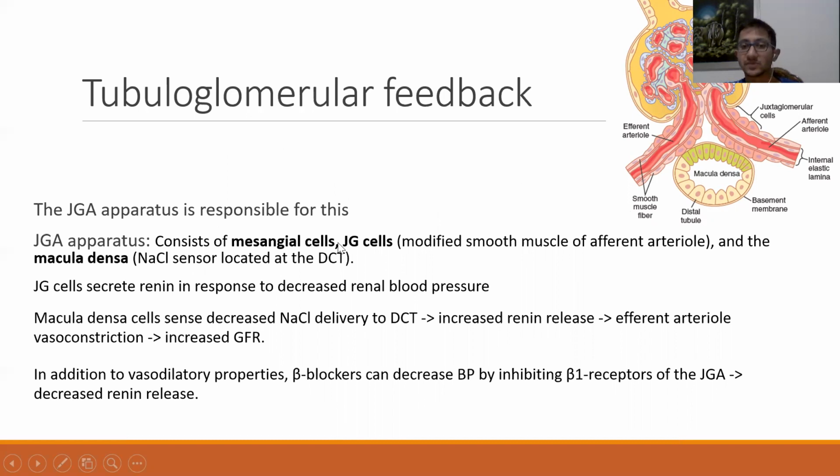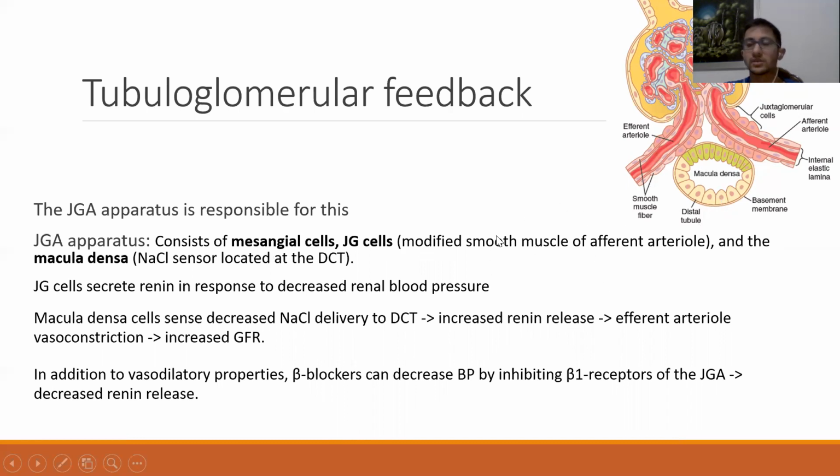It consists of the mesangial cells and the juxtaglomerular cells, which are modified smooth muscles of the afferent arteriole. They are difficult to identify histologically speaking. But basically, if you talk about the afferent arteriole, they're a part of it. And if you can identify that, then those are the juxtaglomerular cells.